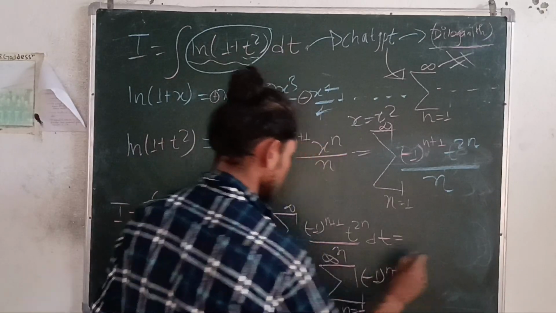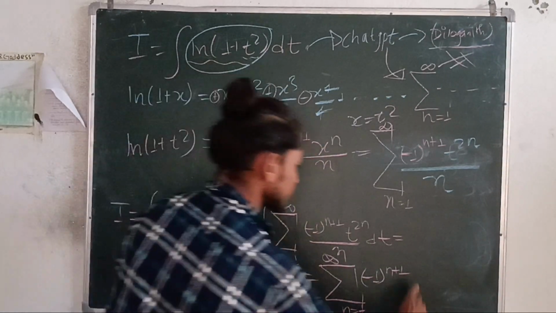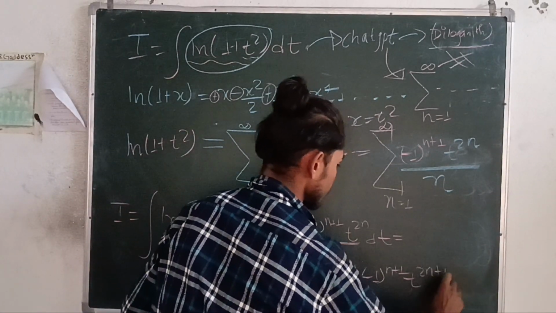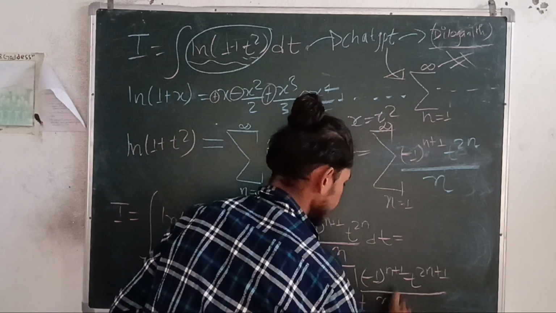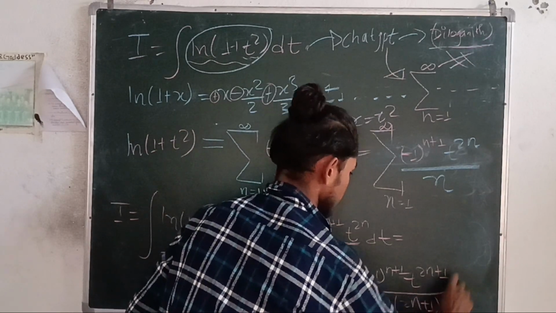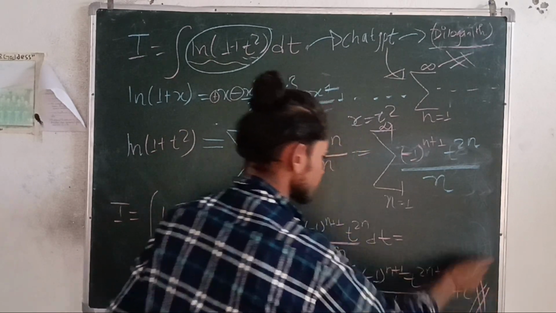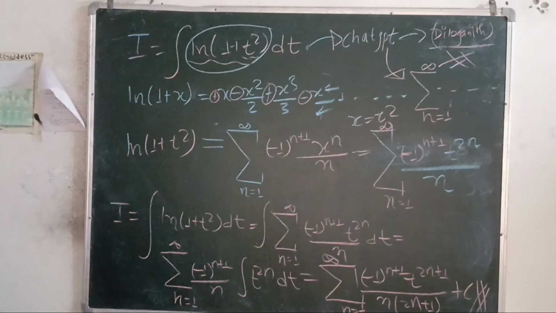So finally, we can write it like this: the summation where n goes from 1 to infinity of negative 1 raised to n plus 1, and this is going to be the simple power rule formula, t raised to 2n plus 1 over n times 2n plus 1, plus some arbitrary constant if it satisfies some initial conditions.